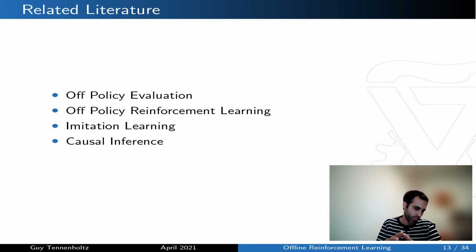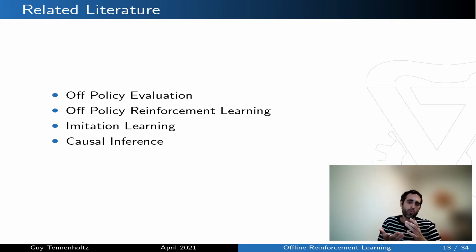This is a field with an enormous amount of research and work that people have done. And it deals with the same setting in which we have a behavioral policy that generated some data for us. And the difference is that in off-policy evaluation, what we're trying to do is find the value of some given policy, given that we're given this data of a different policy.